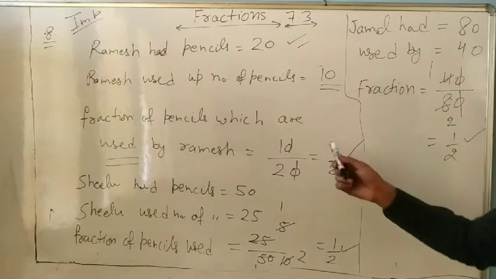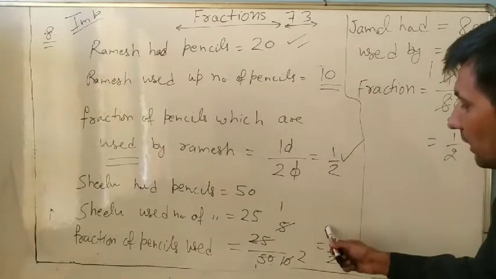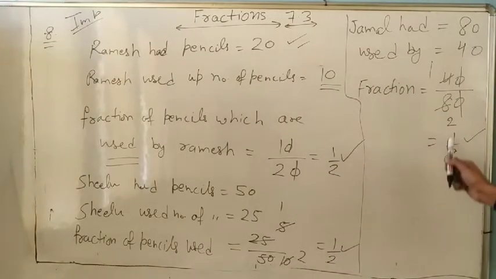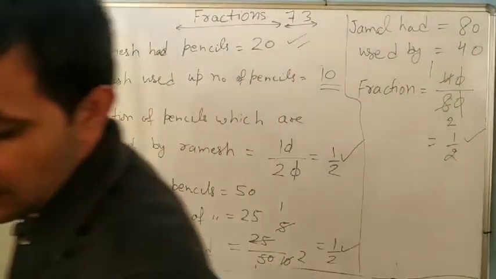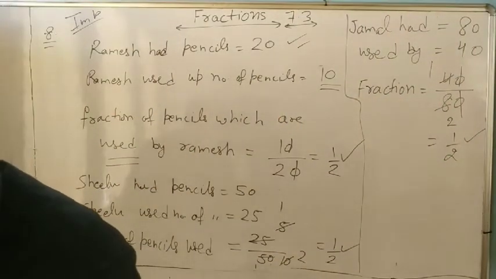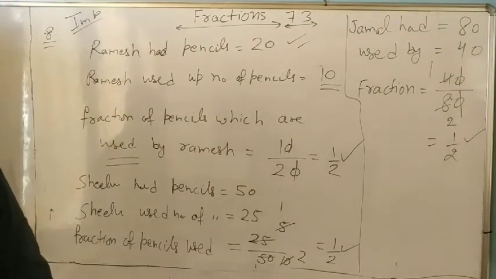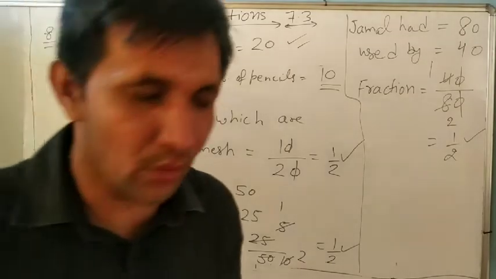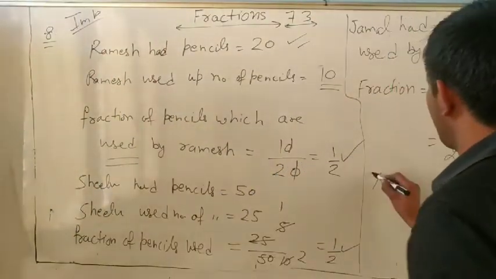So 1 by 2 fraction used by Ramesh, 1 by 2 fraction used by Shilu, 1 by 2 fraction used by Jamal. In the question he is asking, check if each has used up an equal fraction of her pencils. Yes, so you write yes.